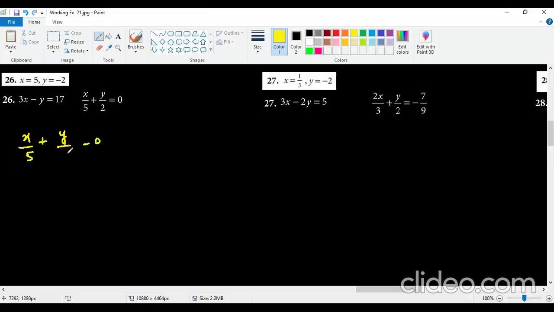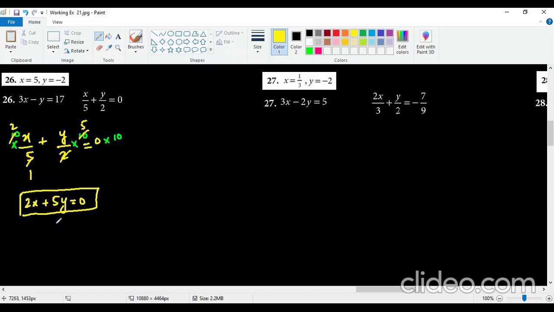So I will multiply all the terms by 10. Look at this carefully. I'm multiplying this by 10, this by 10, and this also by 10. So what I will get is 2x plus 5y equals 0. So this is going to be the second equation.